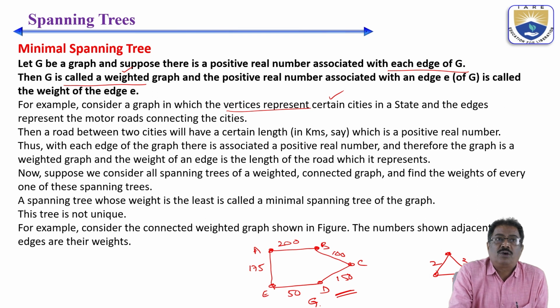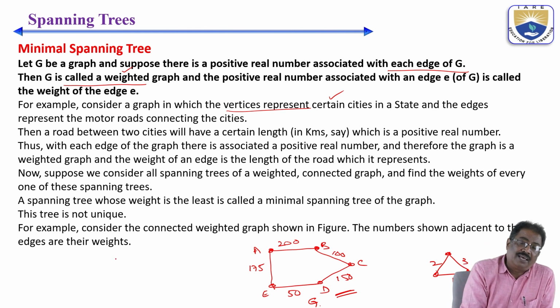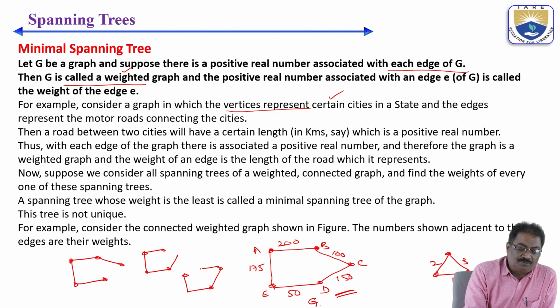Now suppose we consider the spanning trees of this graph. We can consider so many spanning trees. Let us say one spanning tree is like this. Another spanning tree I am going to have like this. For another spanning tree, I just remove any one edge, and I can get one spanning tree.